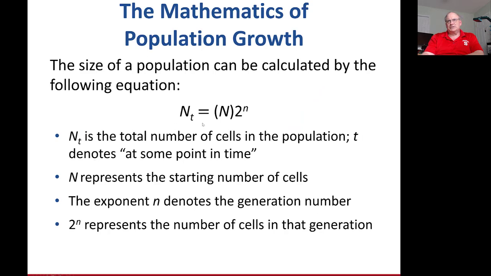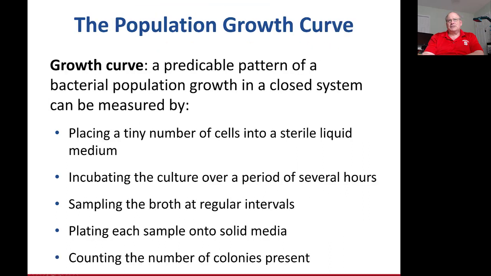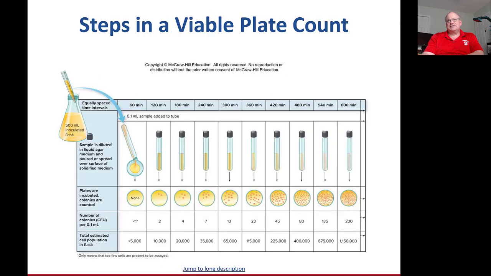I'm not going to hold you to knowing this equation, but just know that the growth curves of these depend on being able to count the number of bacteria, and finding out their growth rate is important sometimes in pathogenesis. So if you were to wait a certain period of time, like every 60 minutes, and then take a sample out of the growth, you could see that the number of microorganisms grow exponentially as we go across.